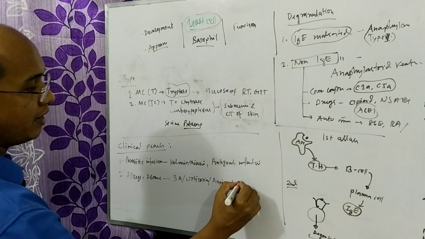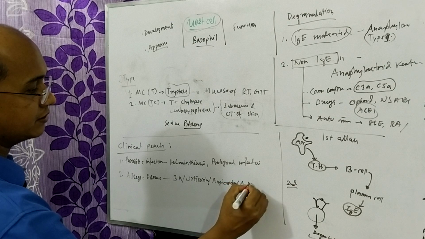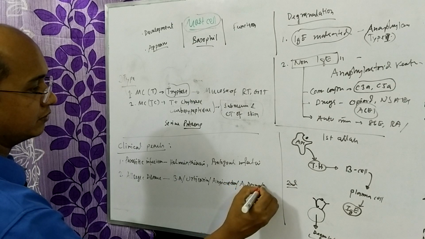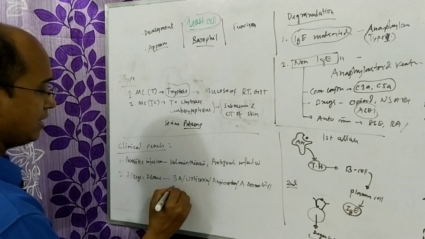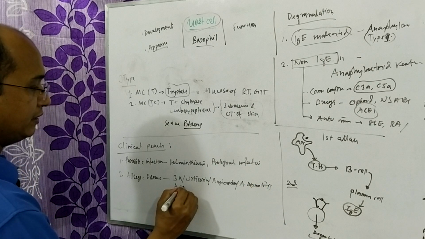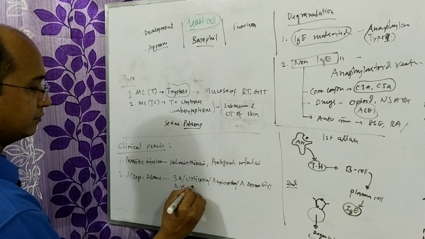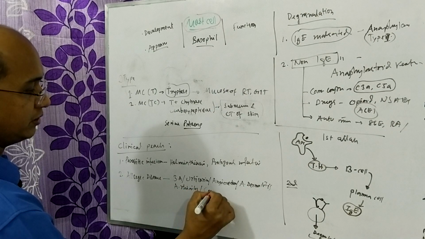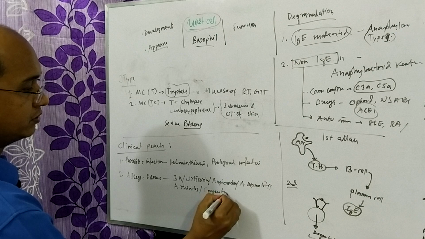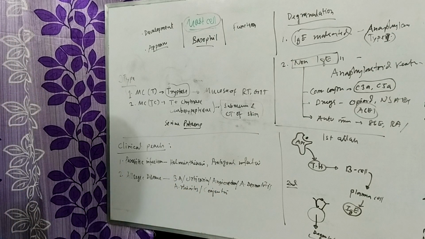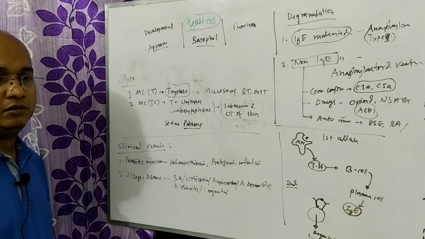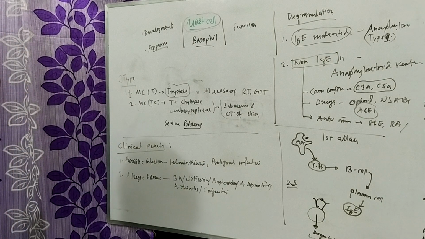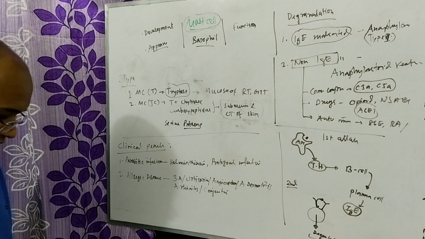Then atopic dermatitis. Then allergic rhinitis. Then allergic conjunctivitis, of course. So these are the allergic diseases which are related to the abnormal degranulation of mast cell.